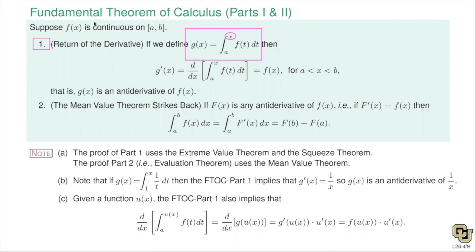So let me just draw a little picture here of what's happening. Graphically speaking, let me throw up an axis here. Starting with some function, I'm just going to randomly draw a function. Here's my function f.